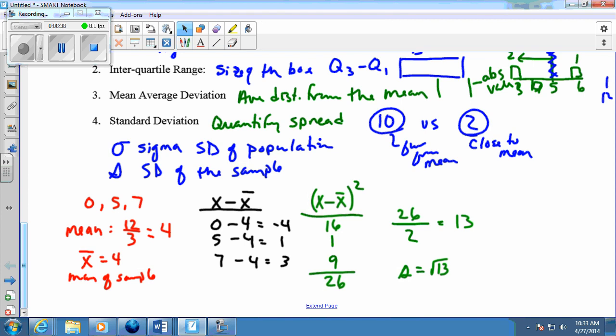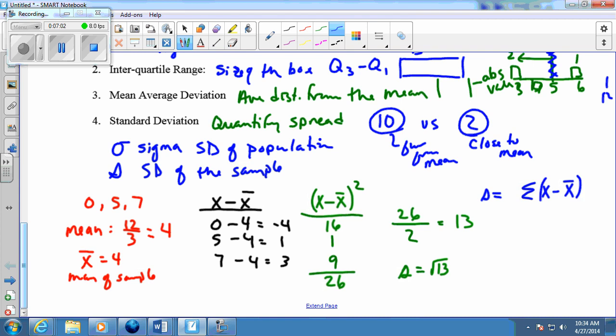So the standard deviation has a formula. The sample standard deviation is equal to, and what did we just do here? Well, we're going to put some mathematical symbols in here. We took the sum, that's what that means, of the x, my observation, minus x bar, and we squared that value.